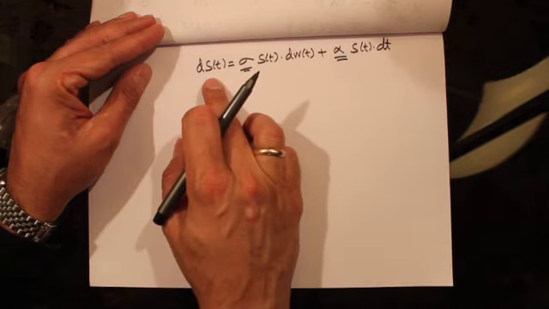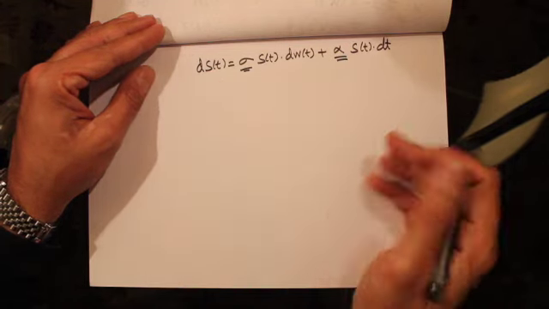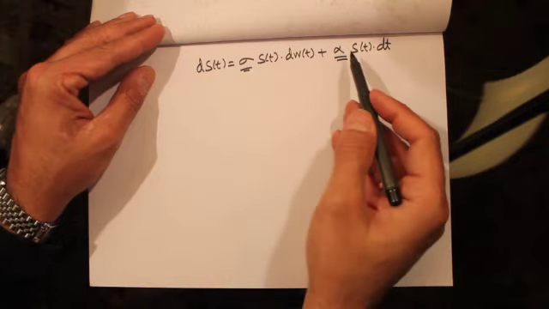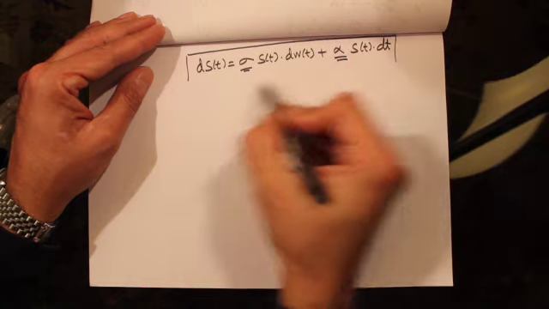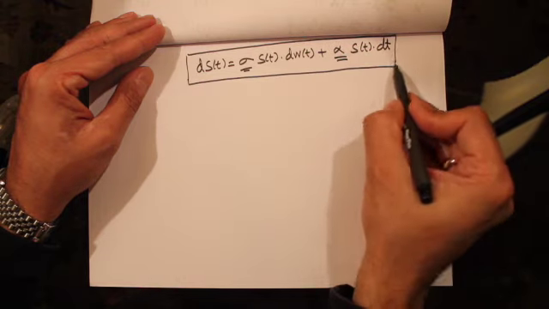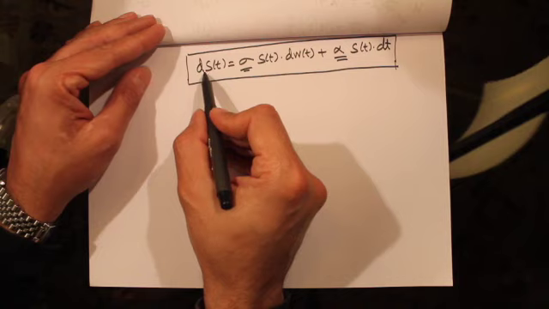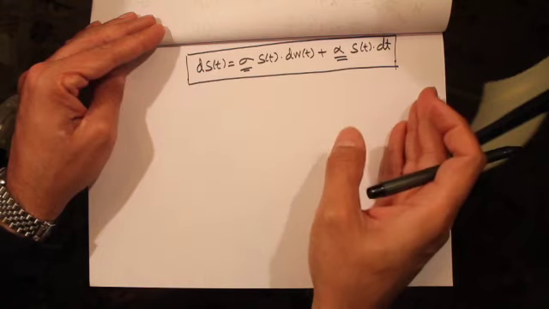For the stock price to be a geometric Brownian motion, alpha and sigma both need to be constant. That is exactly what we talked about in the previous lecture, and this is the differential of a stock that follows a geometric Brownian motion.